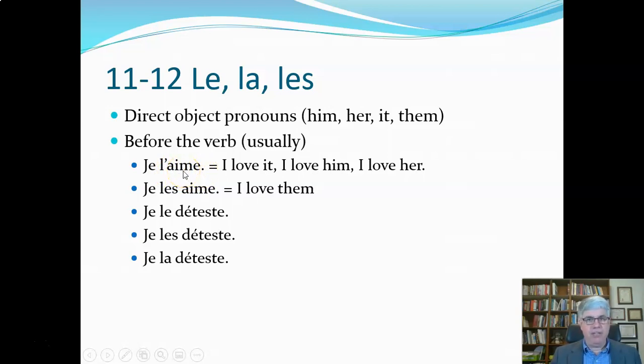And we know that the subject's going to come in front of it, and a number of different pronouns. So what do we have in front of it? We have the subject pronoun, which generally comes first, and then we've got other pronouns, and here we've got a direct object pronoun. So I love it. Now you would never want to translate it 'I it love.' We just don't communicate that way in English. That doesn't make any sense. We've got to put it in the right order. I love it, or I love him, or I love her.